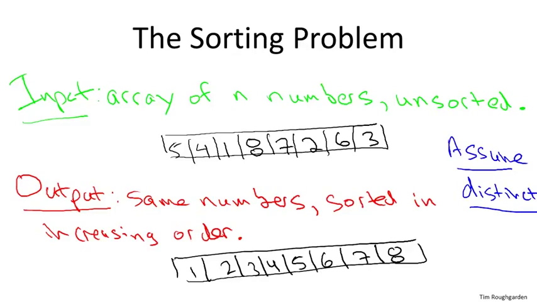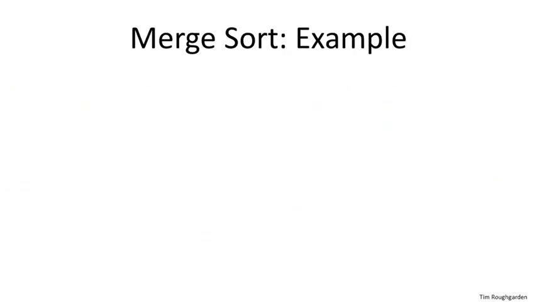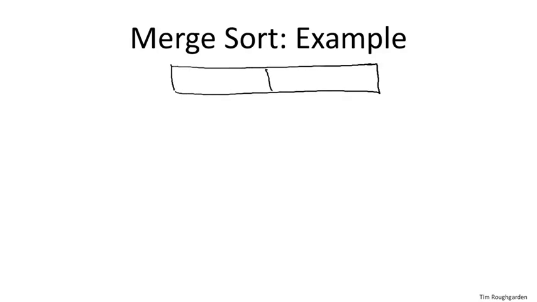Okay, so before I write down any pseudocode for merge sort, let me just show you how the algorithm works using a picture. And I think it'll be pretty clear what the code would be, even just given a single example. So let's go ahead and consider the same unsorted input array that we had on the previous slide. So the merge sort algorithm is a recursive algorithm, and again, that means that it's a program which calls itself, and it calls itself on smaller subproblems of the same form.